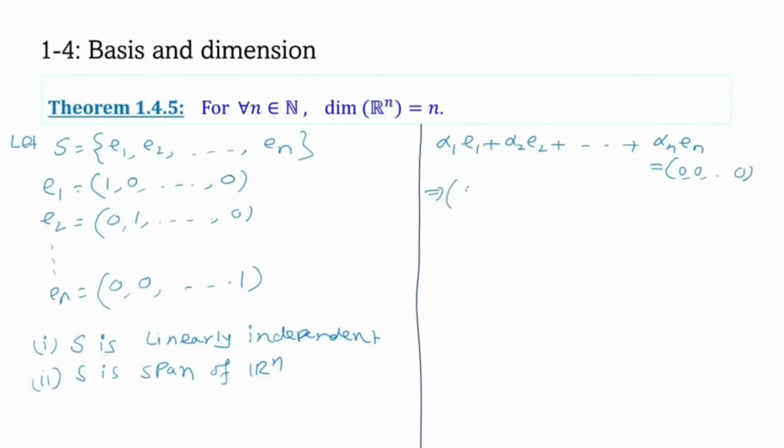Combining them, we get (alpha 1, alpha 2, ..., alpha n) equals (0, 0, ..., 0). Comparing the entries of Rn, each component should be equal, that is alpha 1 equals 0, alpha 2 equals 0, and alpha n equals 0.